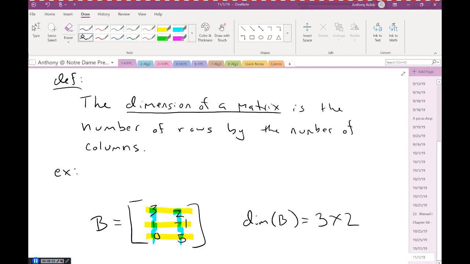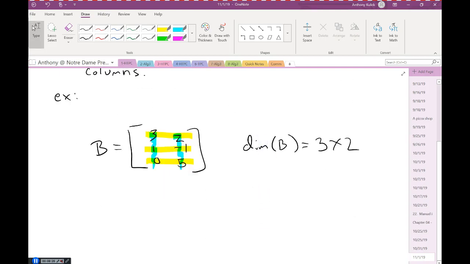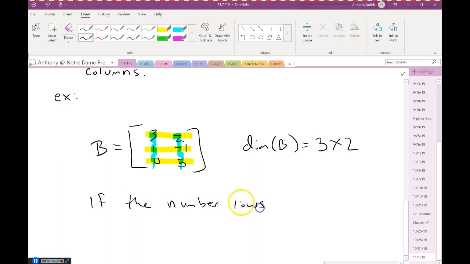To extend this definition, we have a special term that we use in a certain case. If the number of rows is equal to the number of columns, we call that a square matrix.